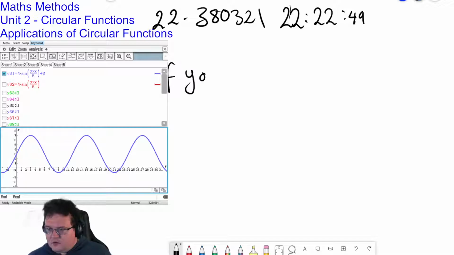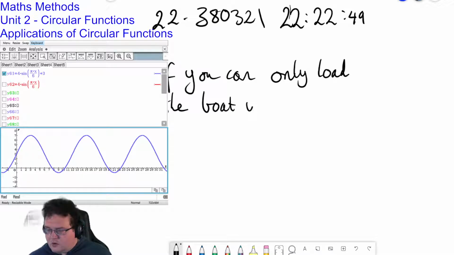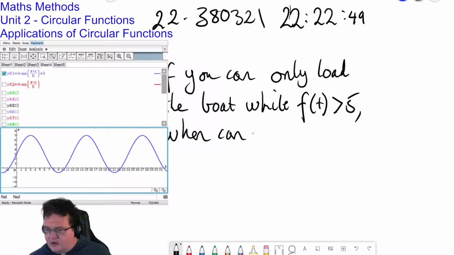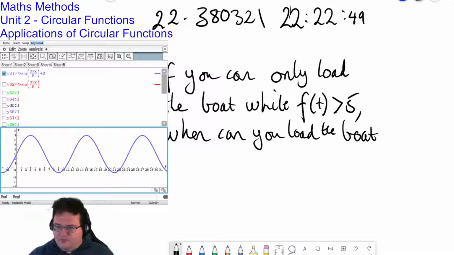If you can only load the boat when f of t is greater than 5, when can you load the boat?